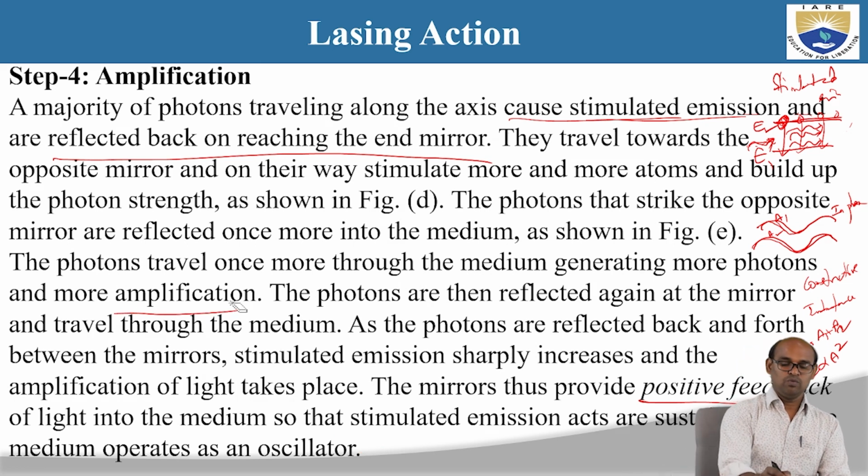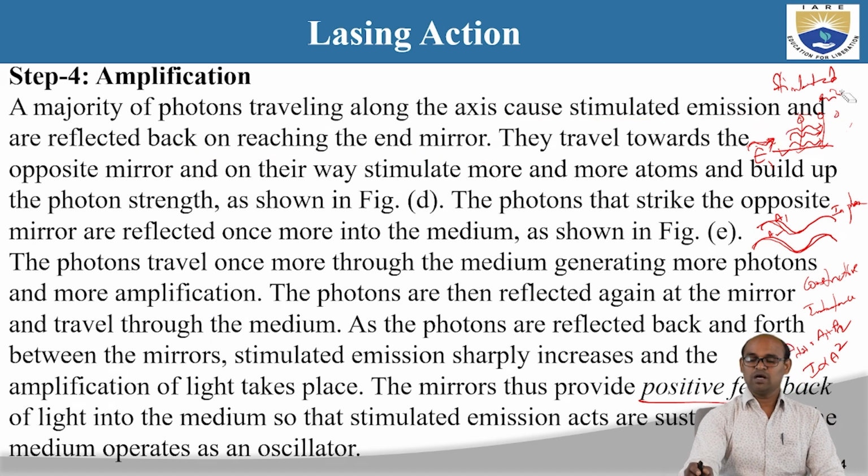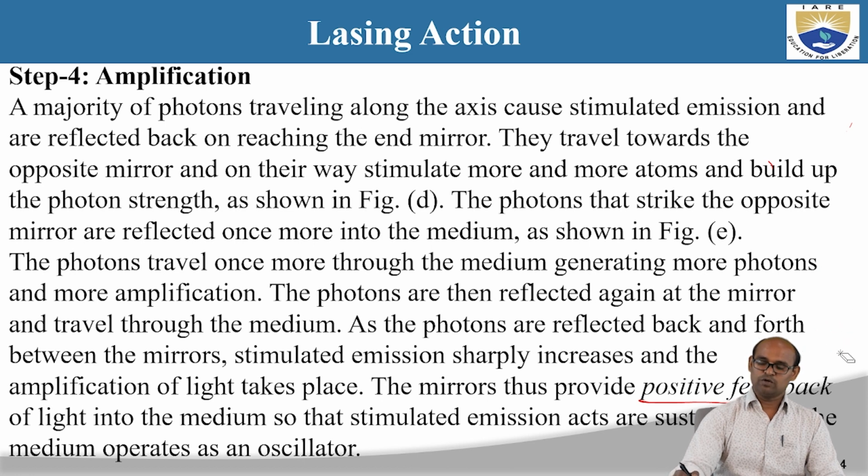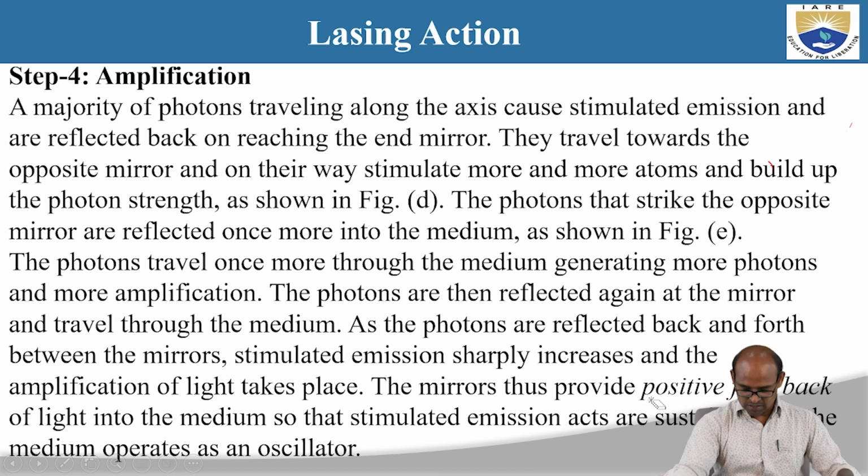Now we understood that after spontaneous emission, the photons that are emitted are used to trigger the atoms to undergo stimulated emission. Once stimulated emission begins, coherent photons will be emitted. These coherent photons are in phase and they will undergo constructive interference, and hence the amplitude will be doubled and intensity will increase.